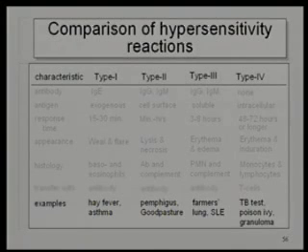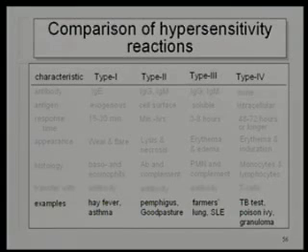Examples I've already given you as we went along. Hay fever and asthma are the most common examples of type 1. Pemphigus and Goodpasture's, I showed you pictures of, are examples of type 2. Farmer's lung or SLE, systemic lupus erythematosus, particularly, is a very well-known example of type 3 hypersensitivity.